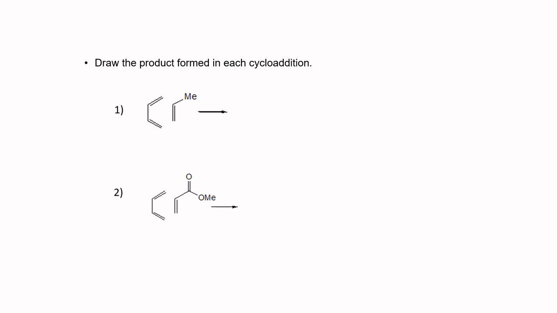Okay, let's take a look at this example. Draw the product formed in each cycloaddition. This is easy. We just combine this bond, and then this moves here, and then this bond will no longer be there, so you will get this compound.